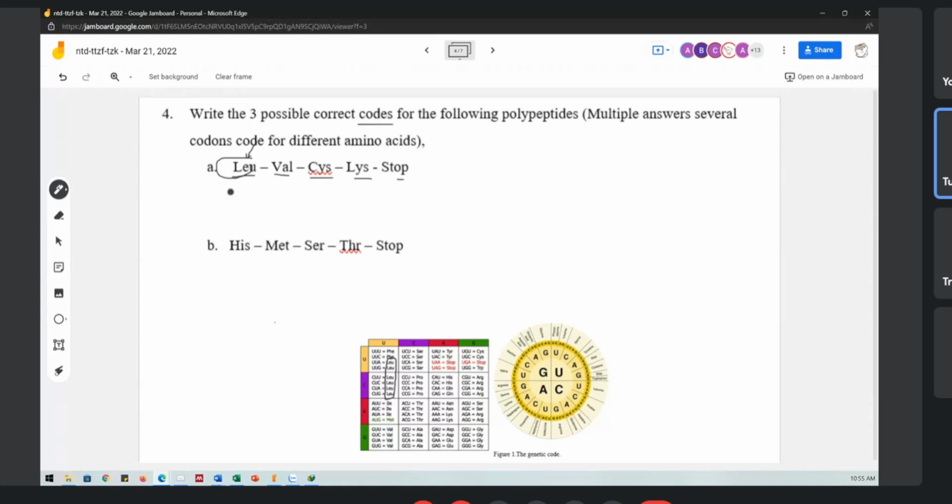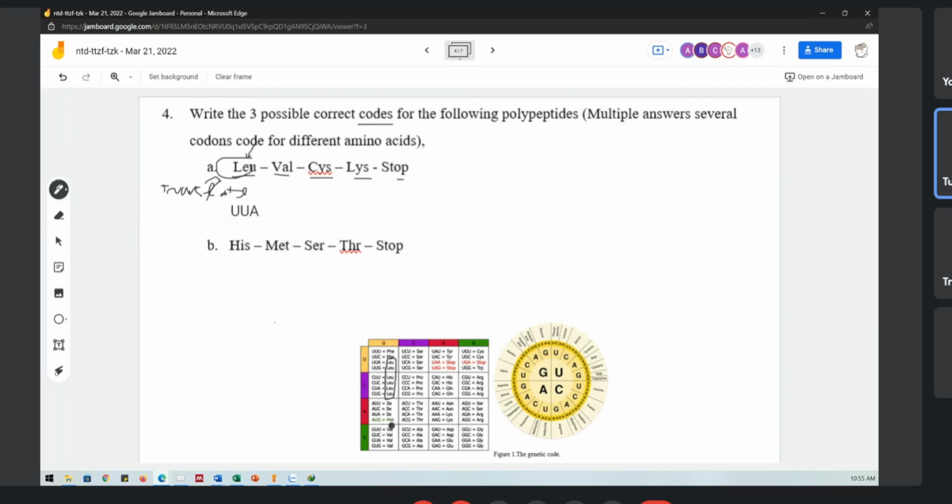And so, to translate into leucine, for example, I can put UUA here. Okay, that's the first, for leucine. And for the second one, you do similarly for valine.